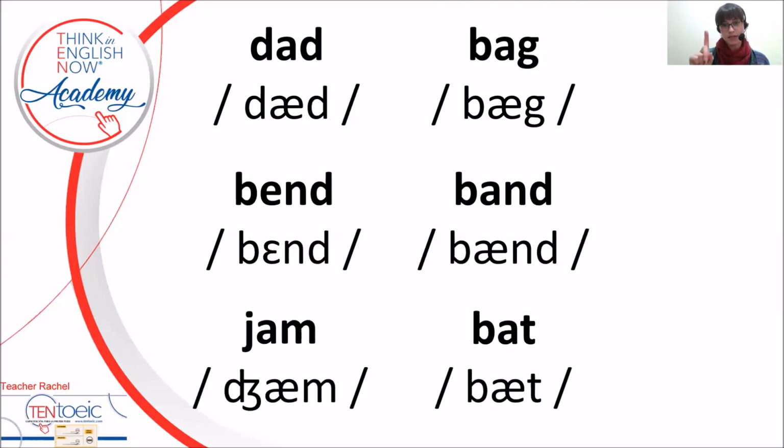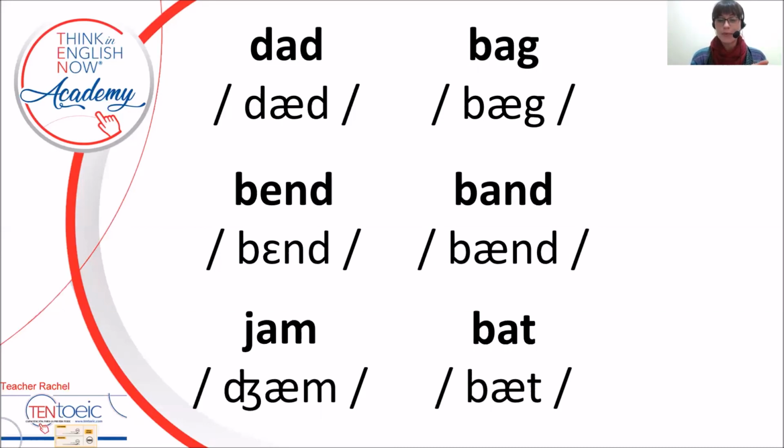Band. One definition is many musicians. So what is your favorite band? They play guitar, they play piano, and they play the drums. Band, they play music. Jam. One definition is something that we put on our bread. It's similar to jelly or marmalade. Jam.